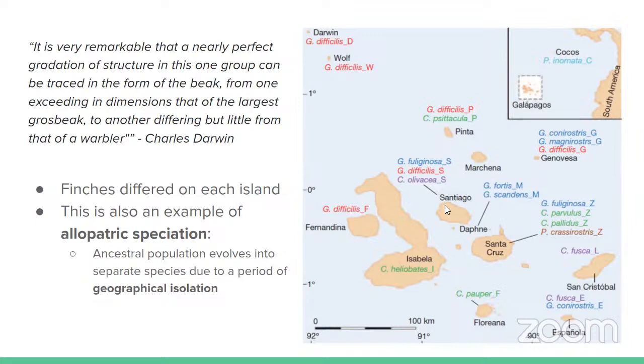So we have different species on each island, and we can see all sorts of intermediate forms. We can see a really wide variety of beaks spread across the archipelago.